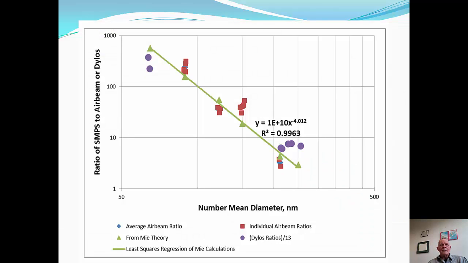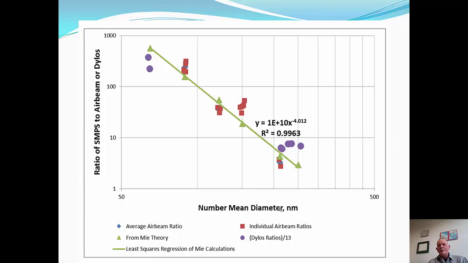And we've acquired some data in the lab that shows how the response changes as a function of size. So if you have particles that are 50 nanometers in diameter all the way up to roughly, I think this is like 200 nanometers in this range right here, 200 to 300.